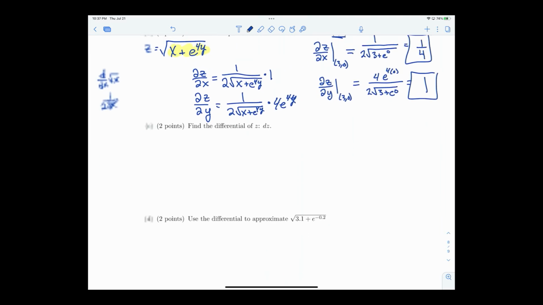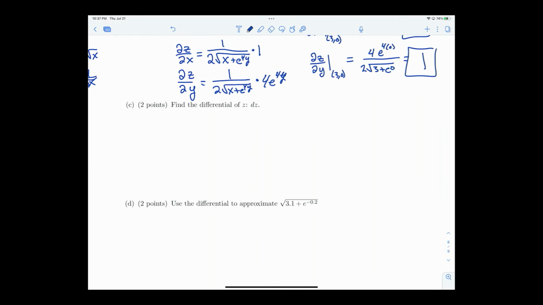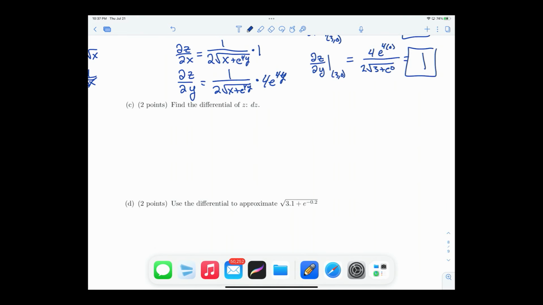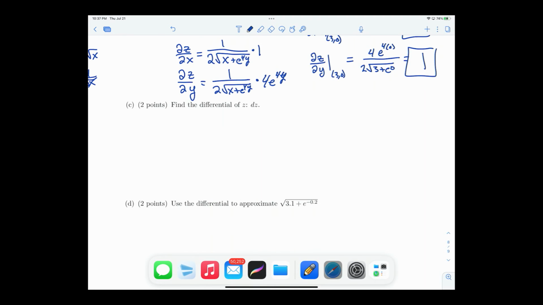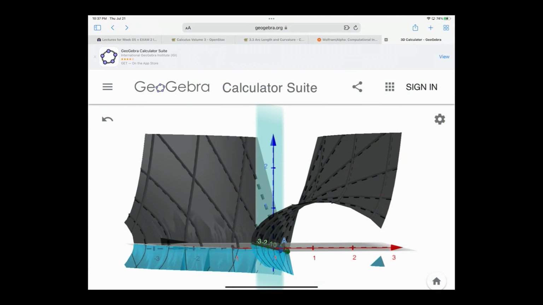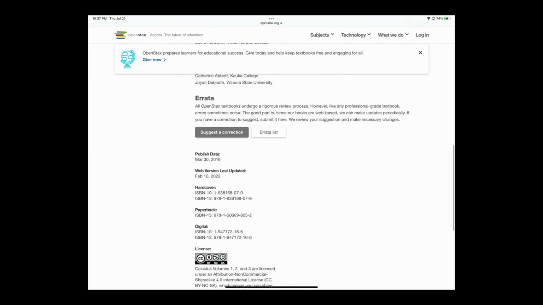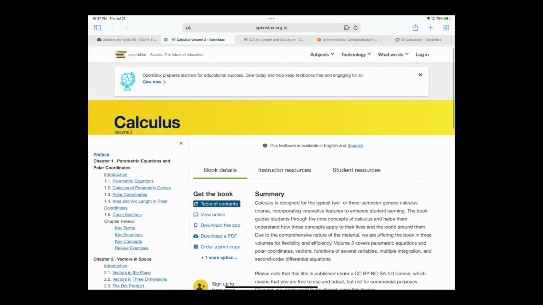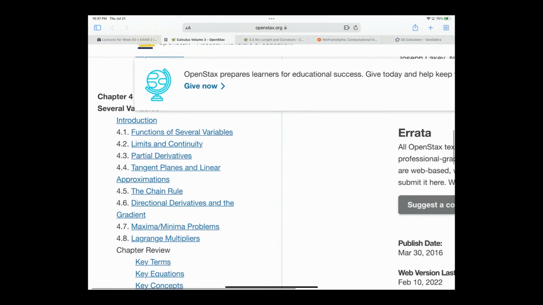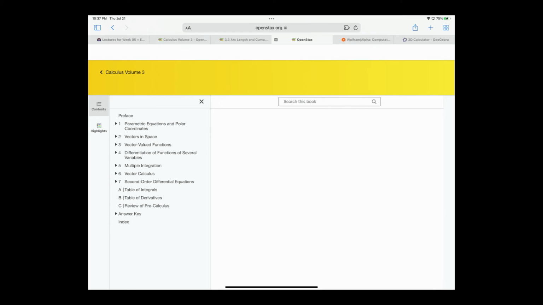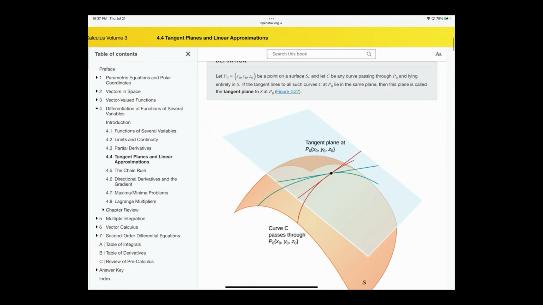Okay, so then they say find the differential of z, dz. In case we don't remember that, let us go find Calculus Volume 3. Differential should be in the section on partial derivatives, 4.3, or tangent planes, actually, probably 4.4.